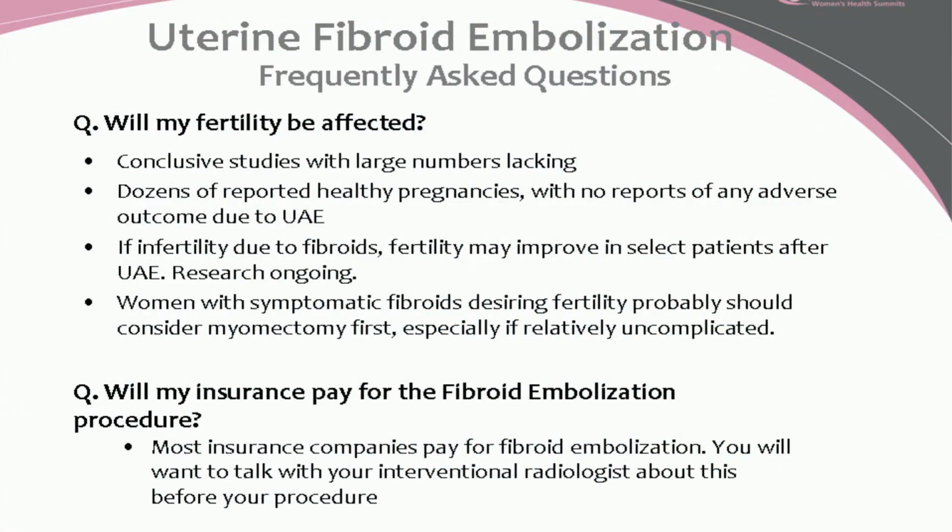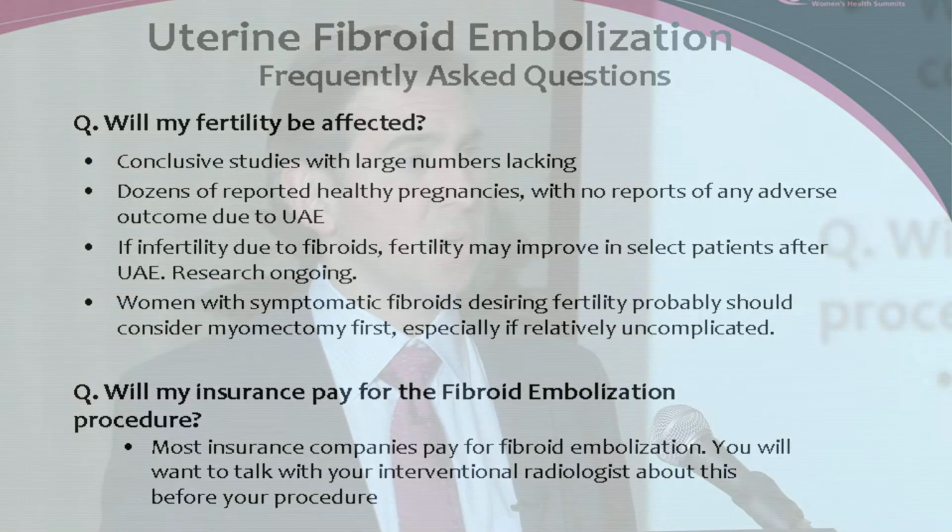Some questions that I usually get are, how will my fertility be affected? This is a question where there's really no good answer. There is a chance of you becoming slightly less fertile after the uterine artery embolization, about a 5% chance. However, a lot of patients have come to me because they can't get pregnant.